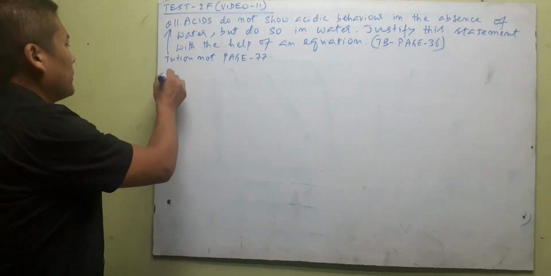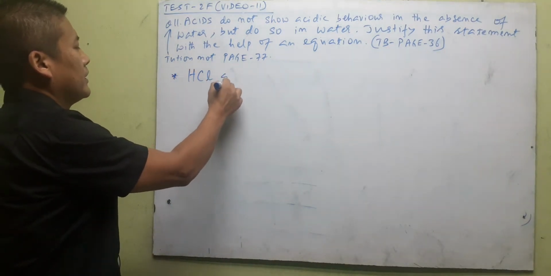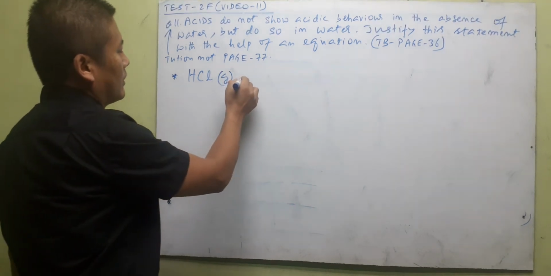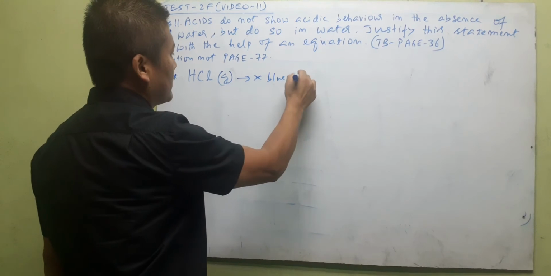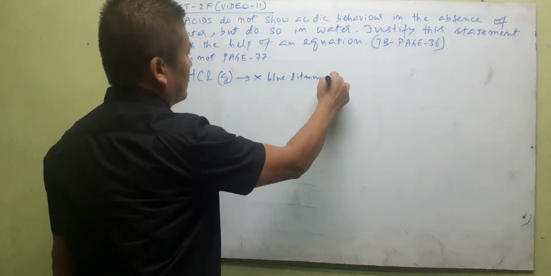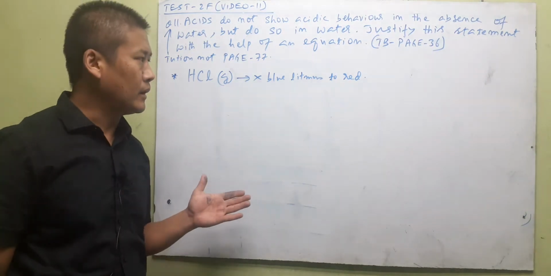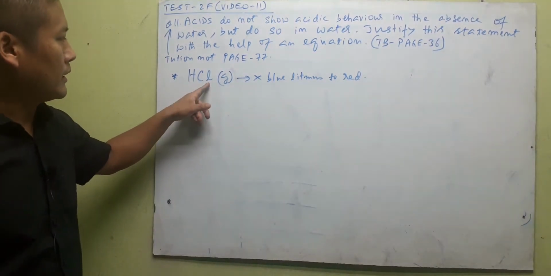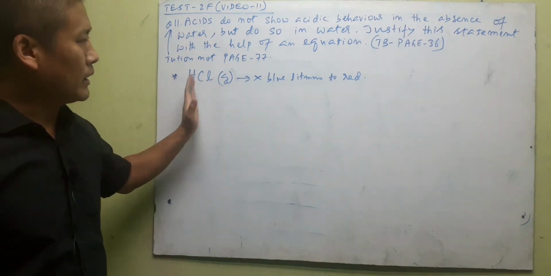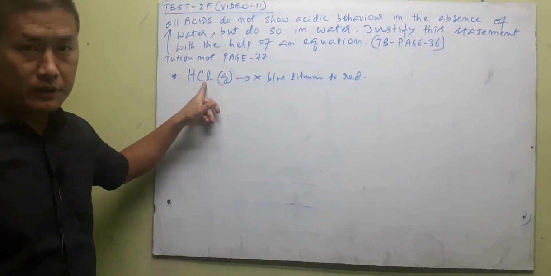Before you go to the chemical equation, we remember the hydrogen chloride gas that comes out is not able to turn blue litmus to red. All acids should turn blue litmus to red. In the beginning of the video we did it. But HCl has the potential to be an acid, so why is it not able to change blue to red litmus? Because it has not yet been dissolved in water.